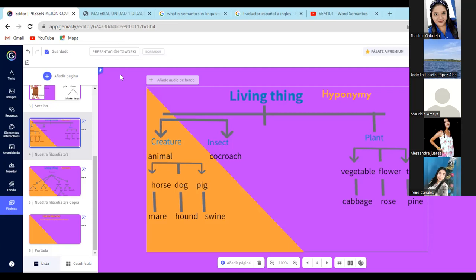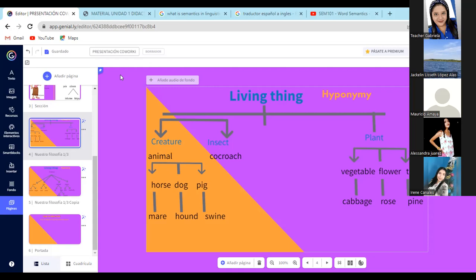Living creature, insect, plant. Creature, animal, insect. Animal could be cat, fish, and in insect, ladybug.